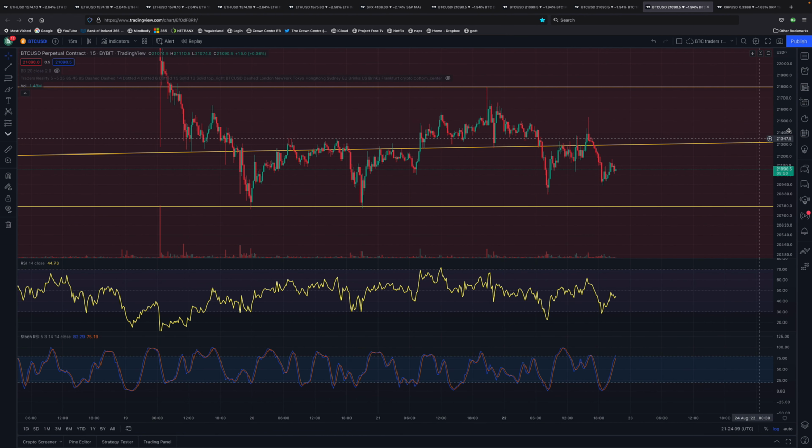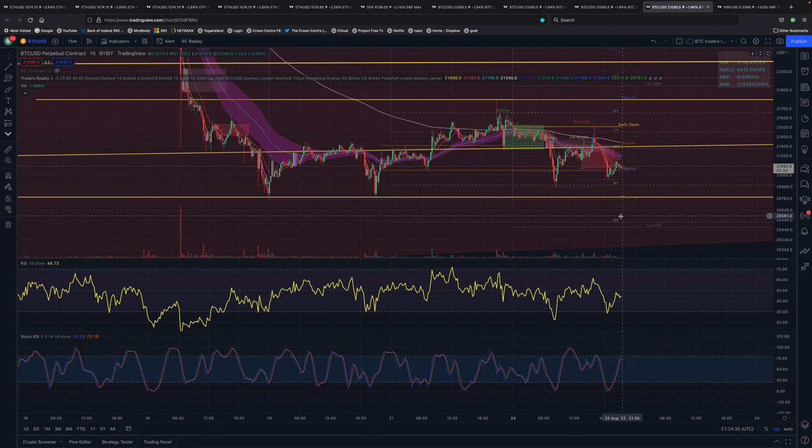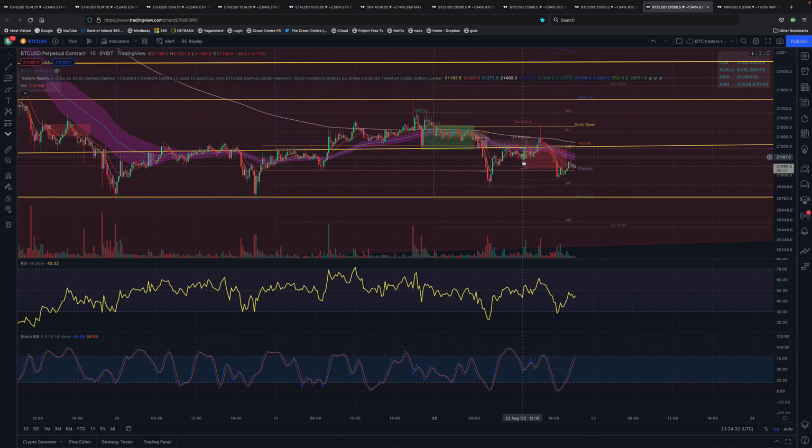I like to switch it off, and this is how I watch my screen. There are three times when I switch it on. One is when I'm trying to zoom in on an entry point and I'm waiting for that volume indicator. For instance, today I waited for this volume candle to show itself, because the RSIs were not in the perfect situation here.